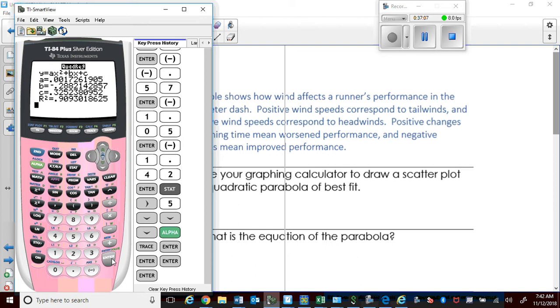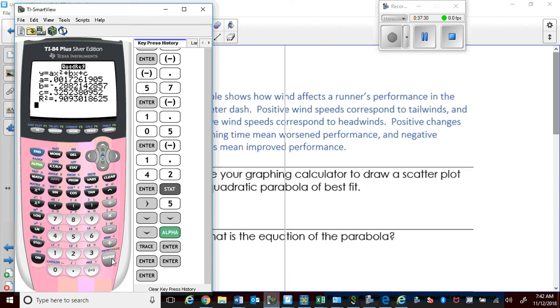I get y equals 0.017x squared plus 0.29x plus 0.33. Correlation coefficient is 0.91. So this is very close. This very closely models this data that we're given.